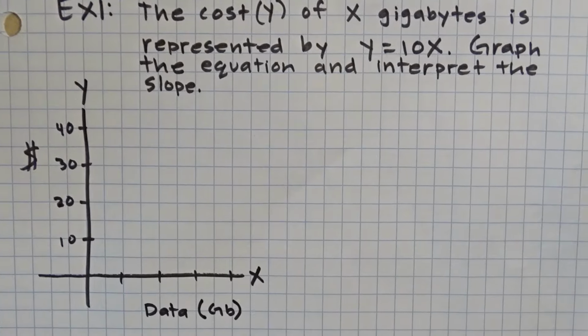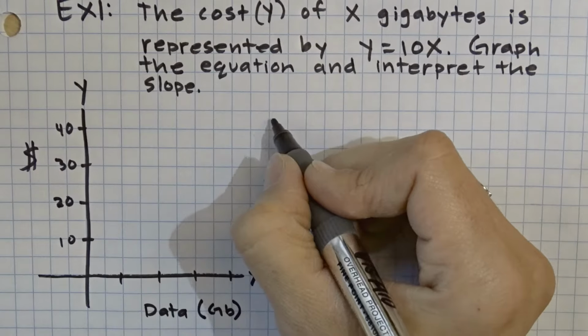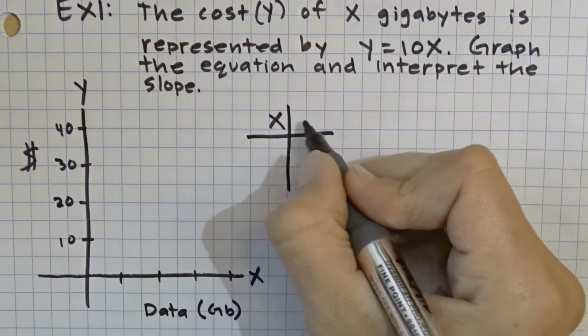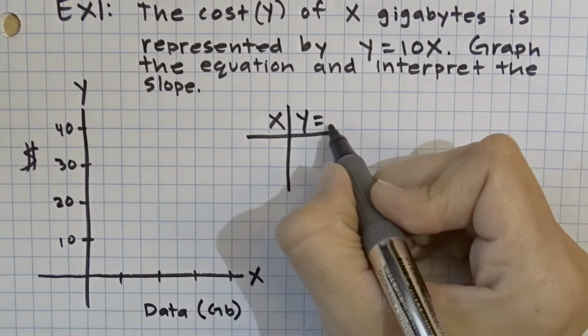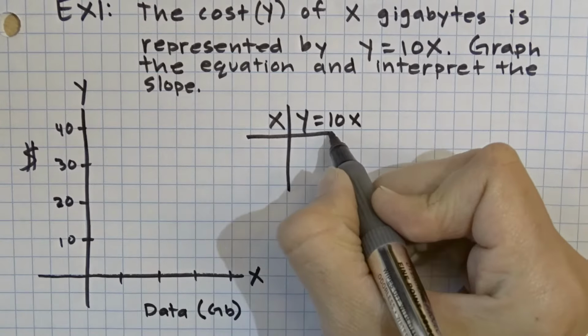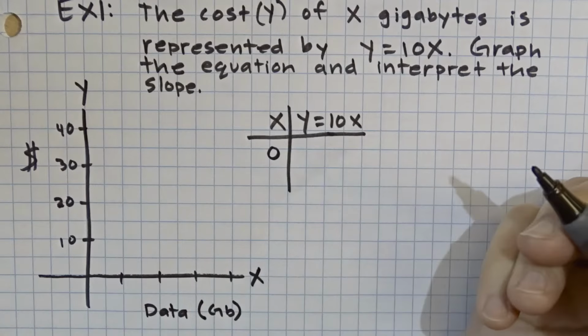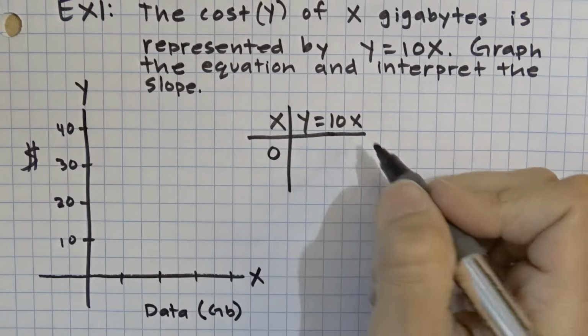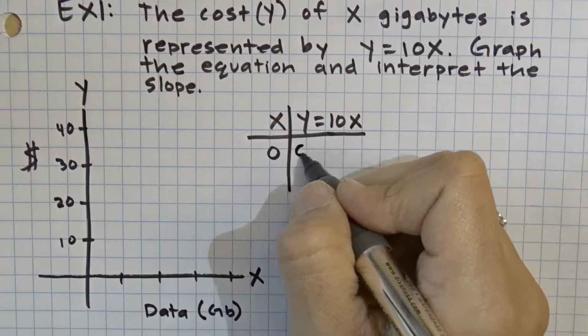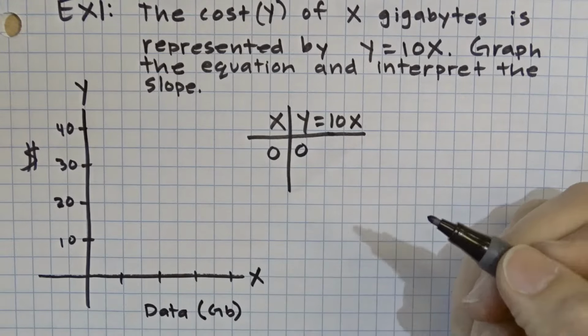So to put this on the graph, you can make a t-table. I know that my y is going to be given by multiplying 10 to the x. So let's just choose the smallest number, 0. 10 times 0 makes 0. So the point 0, 0 is on my graph.